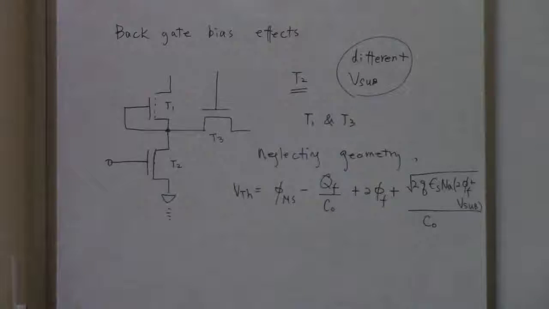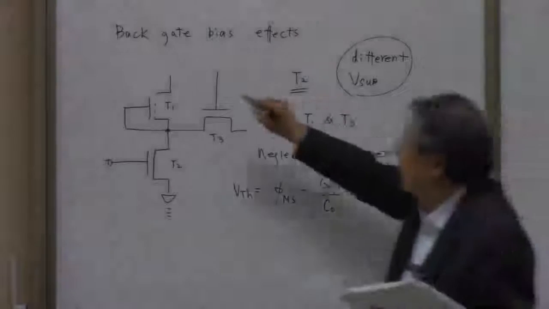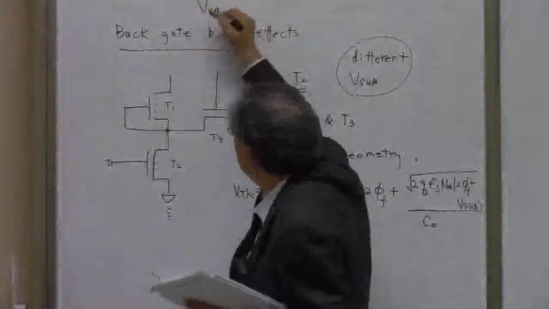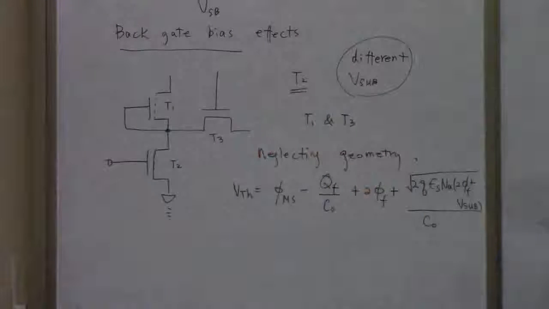And here what we are going to do is to identify the backgate bias. This backgate bias is nothing but VSB that we have discussed in this equation, right?